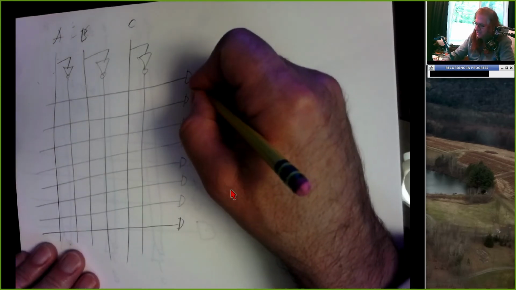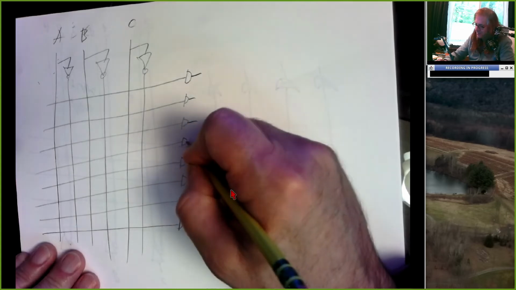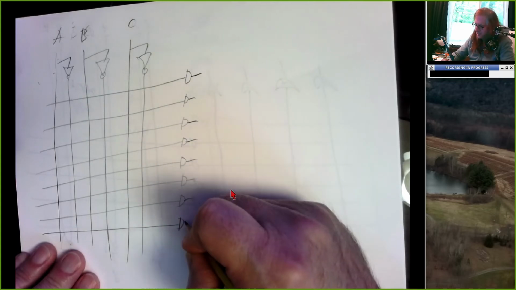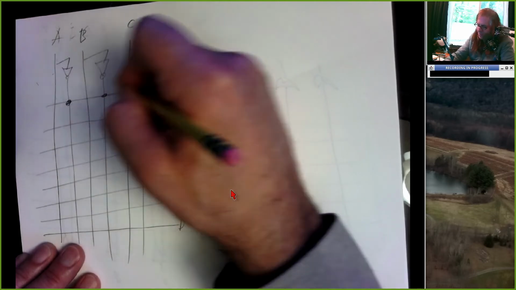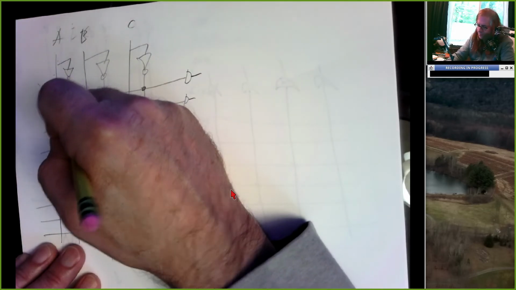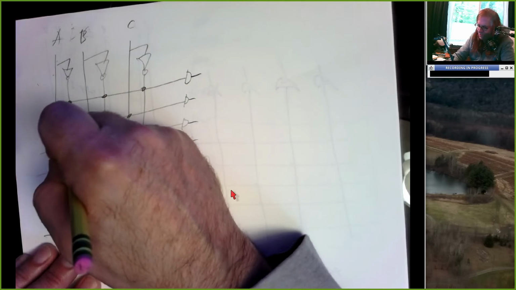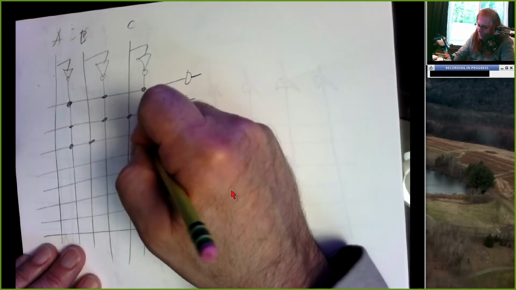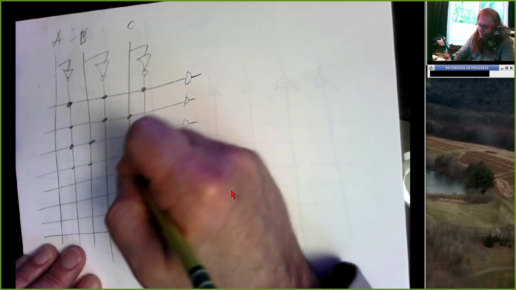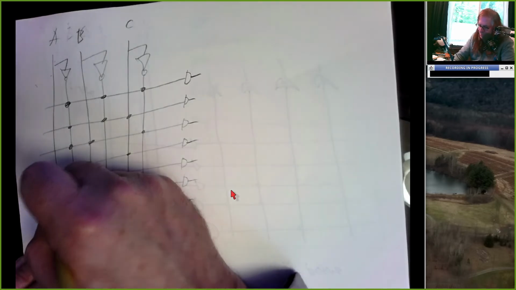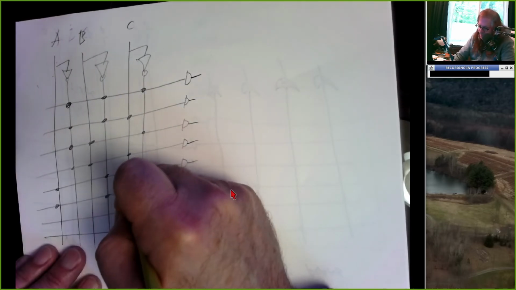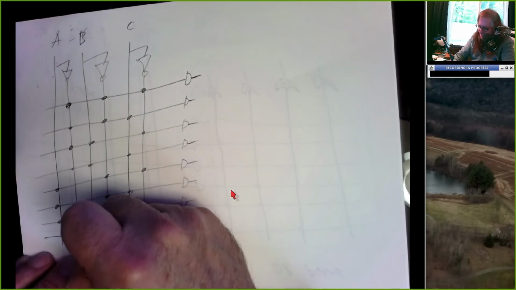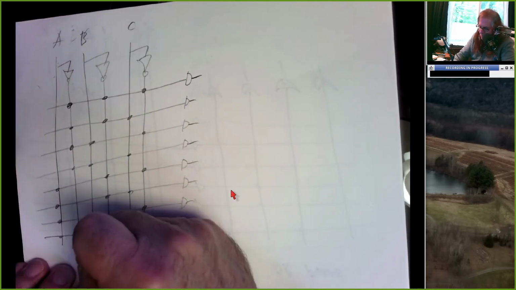So the way the AND plane is pre-programmed is to give you all possible product terms. So A bar, B bar, C bar, A bar, B bar, C, A bar, B, C bar, A bar B C, A B bar C bar, A B bar C, A B C bar, and A B C.